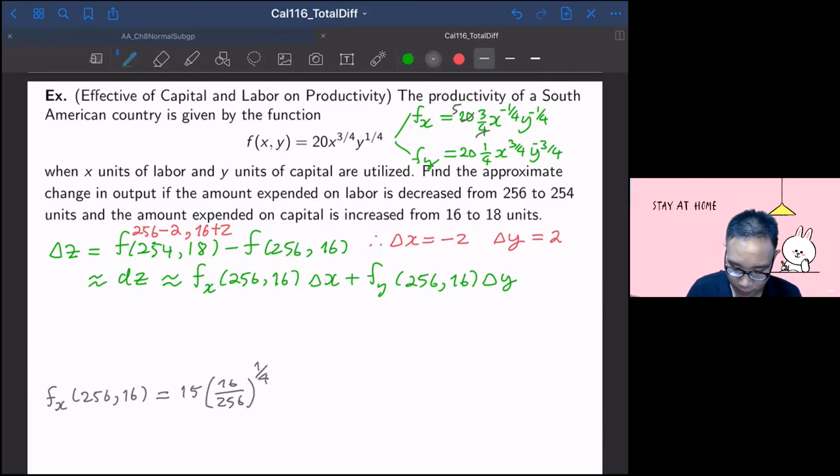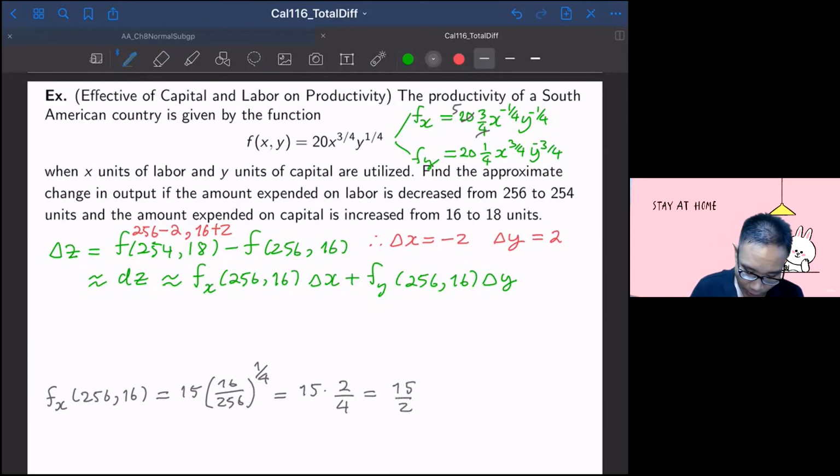It's going to be 16 divided by 256, so it's going to be 1/4... I would say it's going to be 1/2, right? Yeah. So it's going to be 15 over 2.